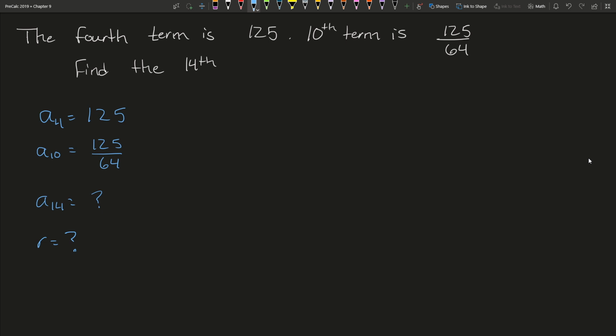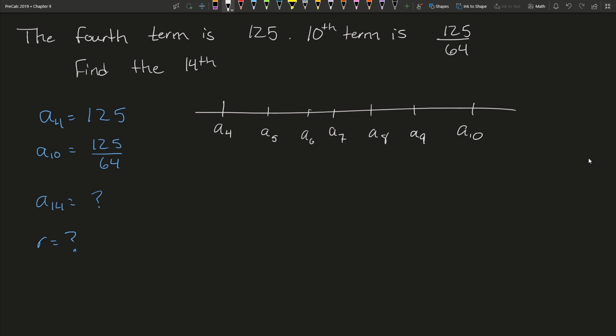Okay, so if we just look kind of on a number line, if we have the fourth term here and the 10th term here, in order to get from the fourth term to the 10th term, we have to multiply by our common ratio 6 different times.